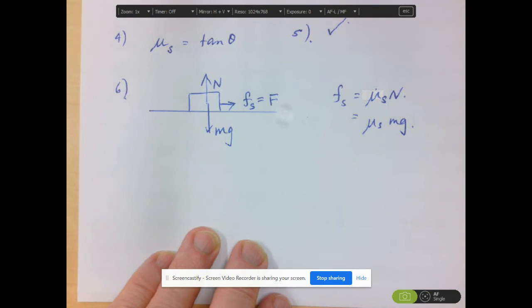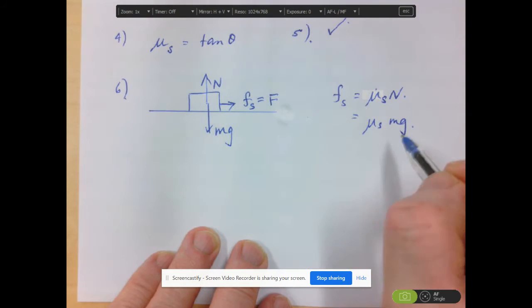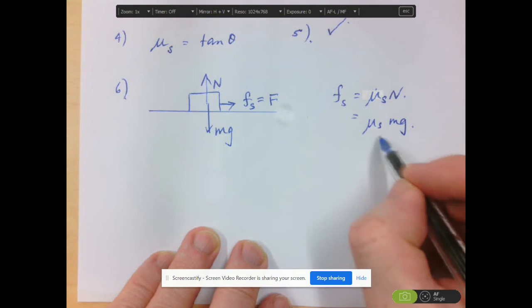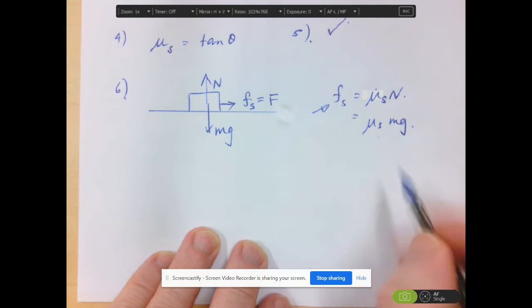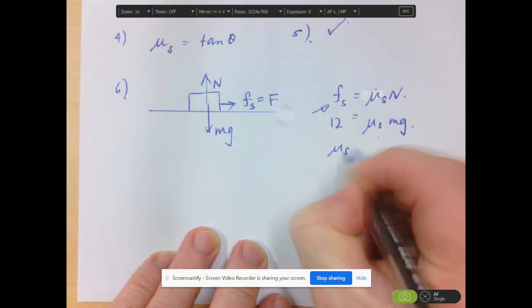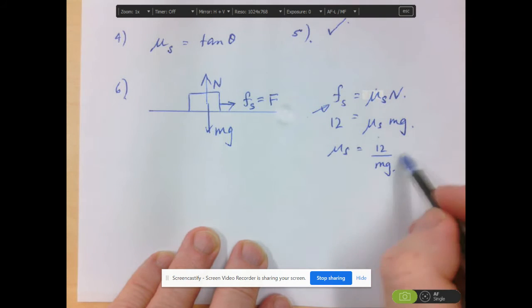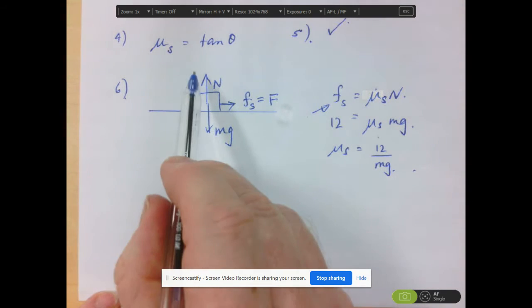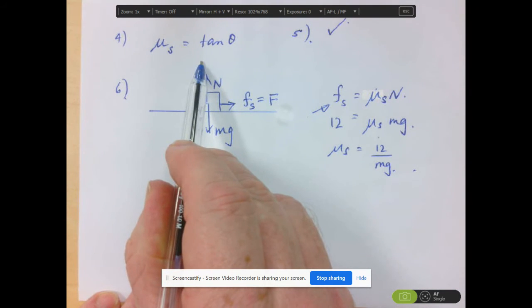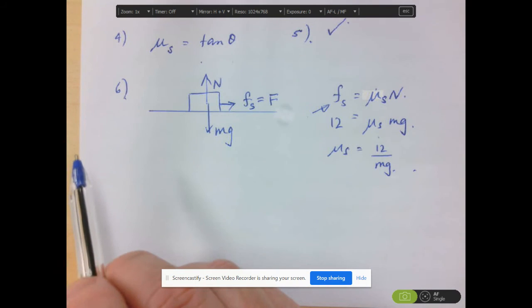This enables us to work out what mu s is, because we know that this here is 12 newtons. So mu s would equal 12 divided by mg. Now we've got mu s, we can use that mu s is equal to tan of the angle that you will incline the plane to before it first moves.